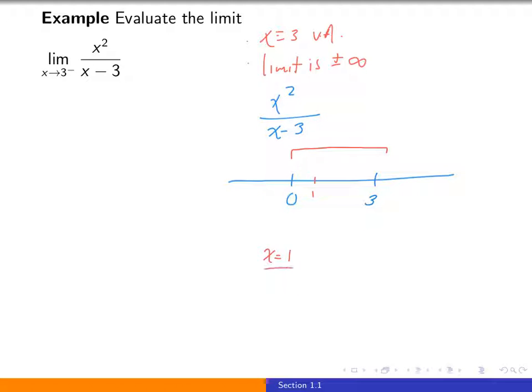When x is equal to 1, our function is 1 squared over 1 minus 3. 1 squared is positive, 1 minus 3 is negative, so our expression is less than 0. So between 0 and 3, our function is negative. As we approach 3 from the left-hand side, our function is always negative, and we know the limit is plus or minus infinity, which implies that it has to be minus infinity.